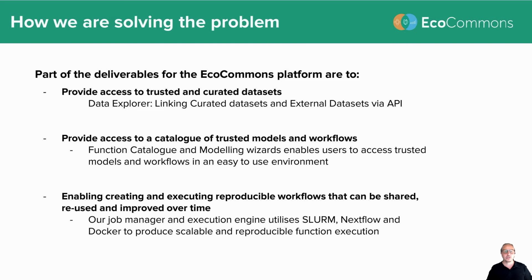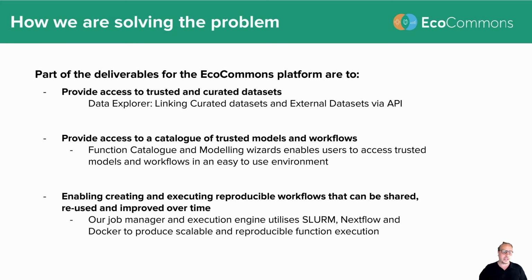Referring back to the earlier slide where I pointed out some of the things we wanted to achieve, here's how we are solving these at the moment. Provide access to trusted and curated datasets: this is solved by the Data Explorer, linking curated datasets and external datasets via API connections. Provide access to a catalog of trusted models and workflows: this is solved by the function catalog and modeling wizards, enabling users to access trusted models and workflows in an easy-to-use environment.